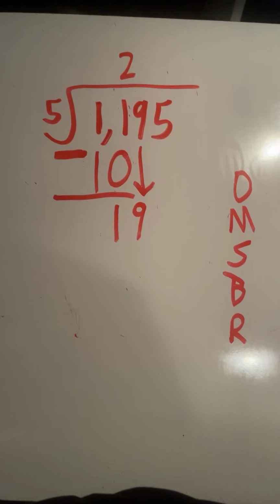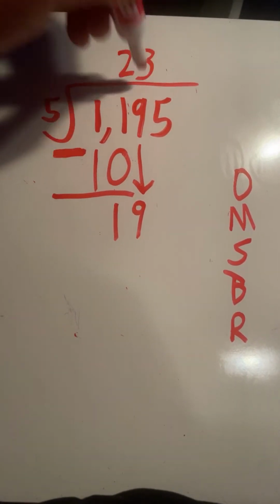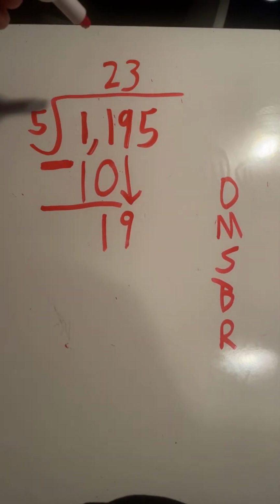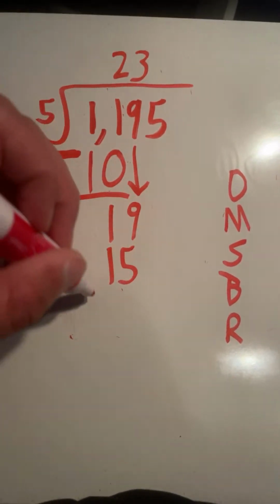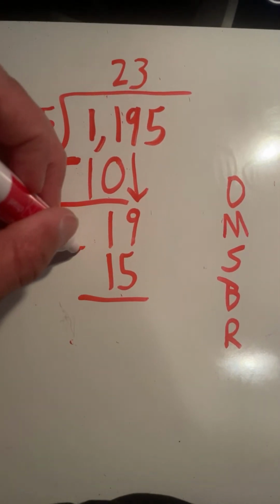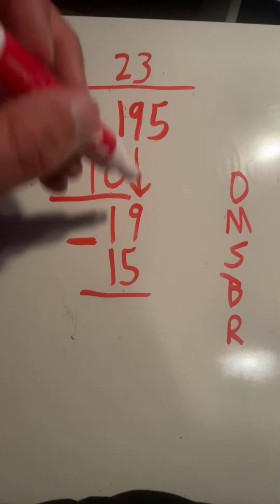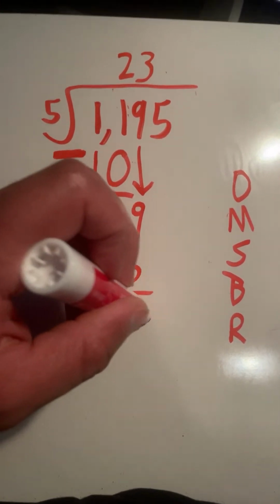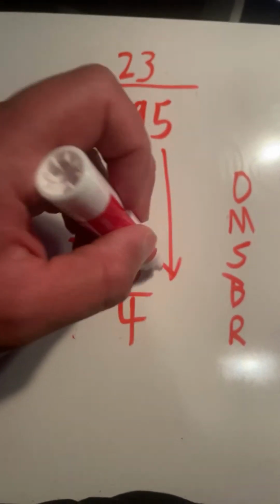So now 19 divided by 5. We divide. 19 divided by 5 equals 3. 3 times 5 equals 15. Now we subtract. 19 minus 15 equals 4. Next step, we bring down.